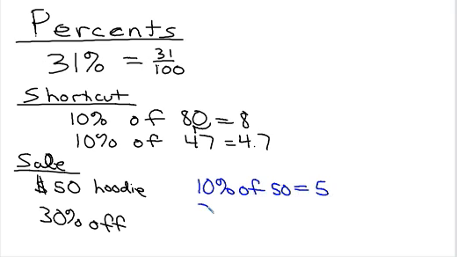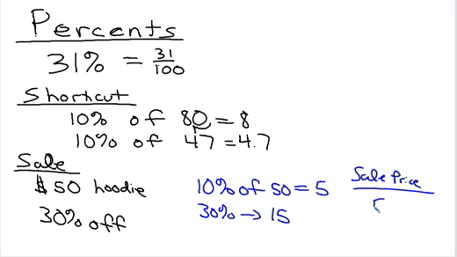So 30% would have to be 15, 3 times 5. So your sale price would be 50 minus the 15, which is $35. Everybody should be able to do that type of calculation in your head in the store. 10%, remember, you just move the decimal one place.